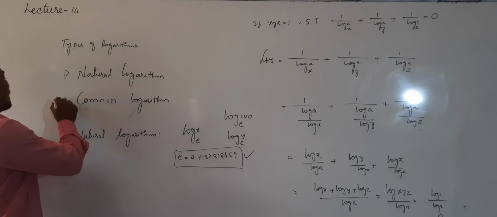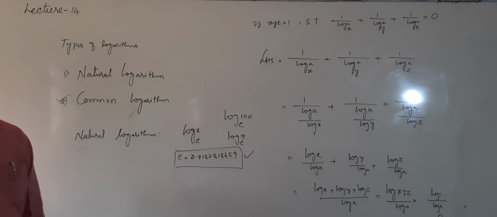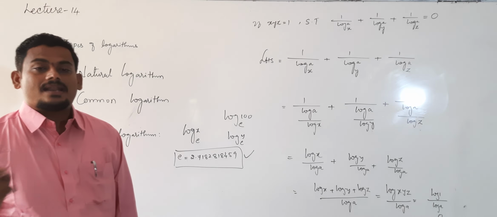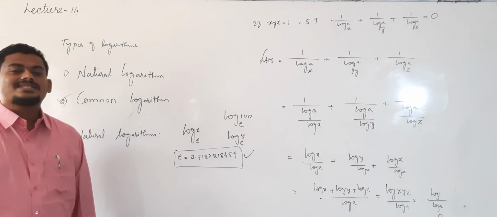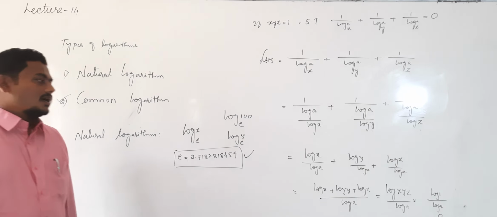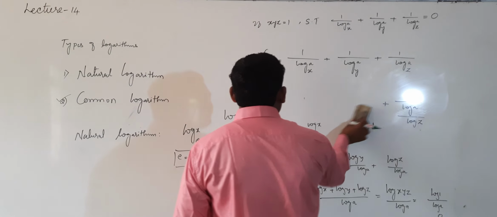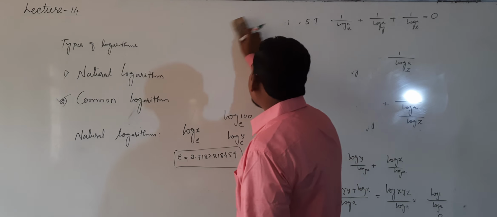Then what is common logarithm? The logarithm to the base 10 is called common logarithm. Suppose the base of the logarithm is 10, then it is common logarithm.